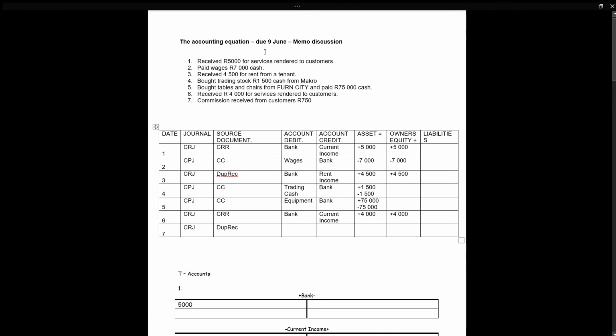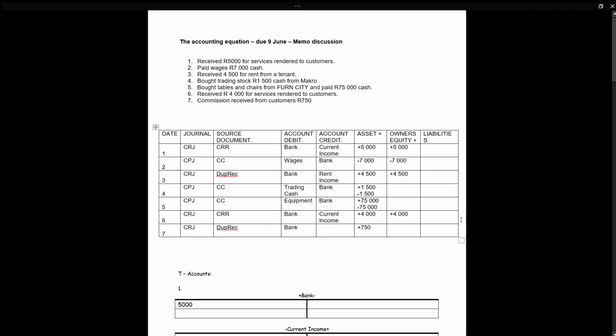Remember, they didn't tell us which source document, so it is possible to have another source document, but in this case I'm just putting in the ones that you're most likely going to use with these transactions, since they didn't tell us. Right, so bank will increase. Bank is classified as an asset, therefore my asset will increase with 750 Rand.